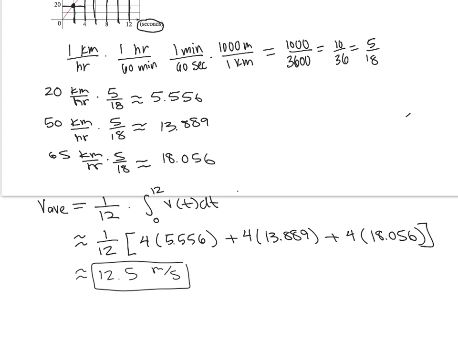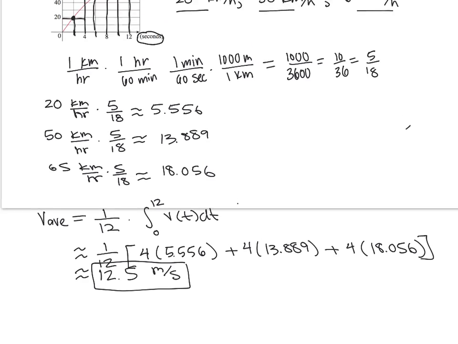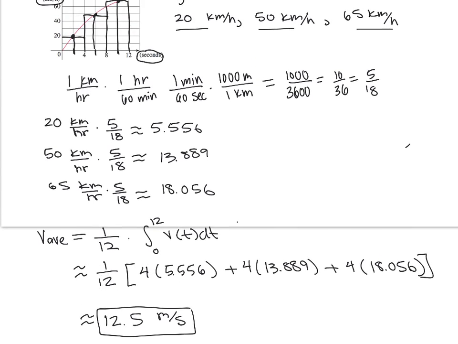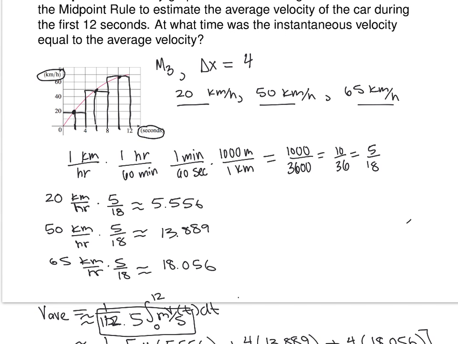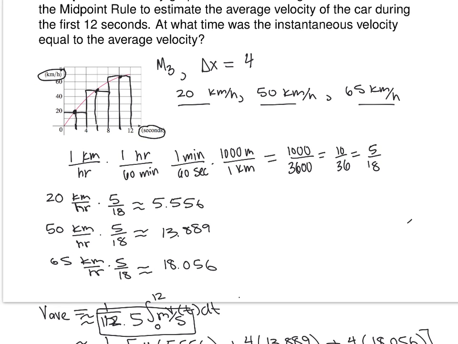And then the last thing we're going to do is estimate at what time the instantaneous velocity was equal to the average velocity. So what you'd have to notice for this is that 40 corresponded to 11.11 meters per second.